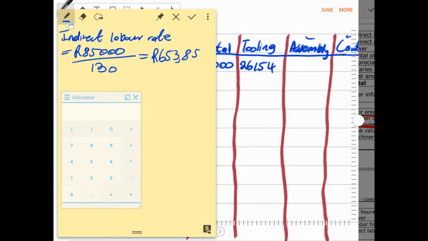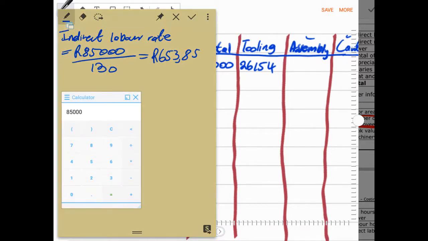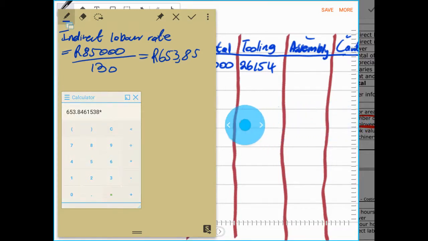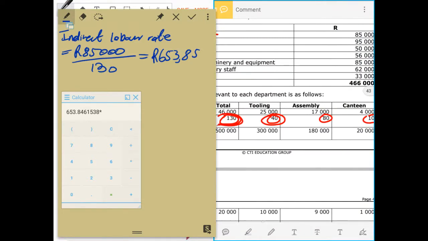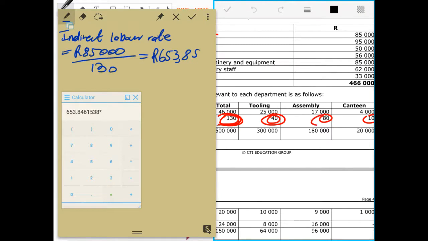The same method, 85,000 divided by 130, we multiply by the number of employees in the second department, and the second department is assembly department with 80 employees, times by 80.